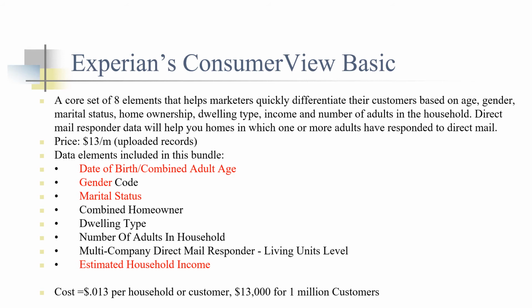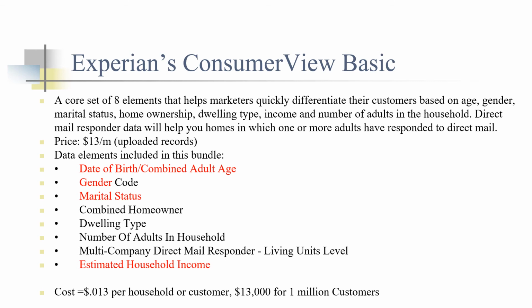So for $13, I can take 1,000 of my customers and add to each record date of birth and combined adult age, gender, marital status, dwelling type, ownership, number of adults in a household, multi-company direct response tendencies, and estimated household income.